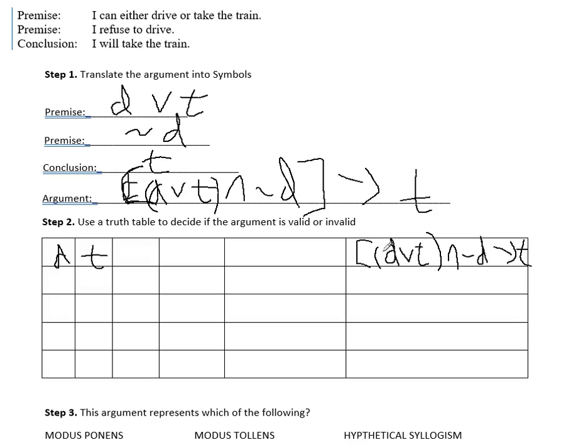We have to know the truth values of not D, the truth values of D or T, and the truth values of this AND statement here. We're going to look at the truth values of each part of our argument.